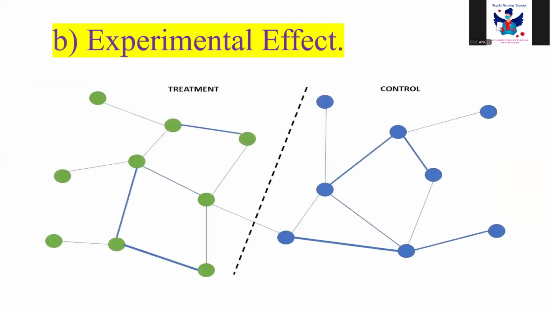Next, experimental effect. Experimental effect is a threat to study results when researchers' characteristics, mannerism, or behavior may influence subject behavior. Examples of researchers' characteristics or behavior are facial expressions, clothes, age, gender, body build, and so on.